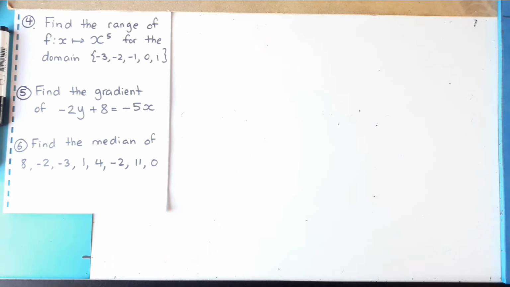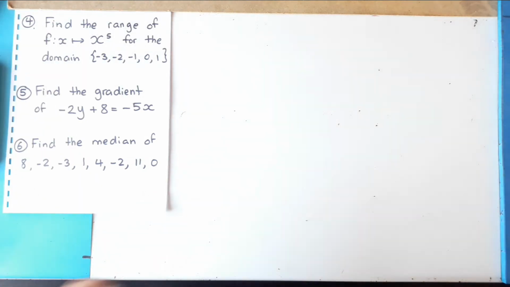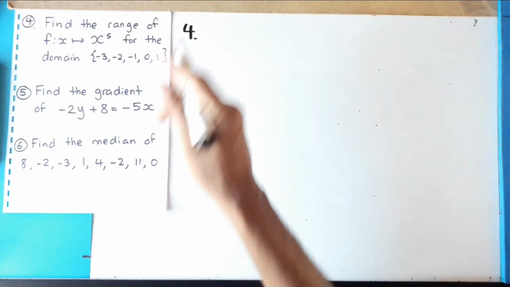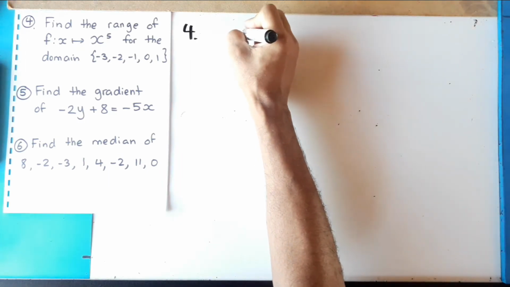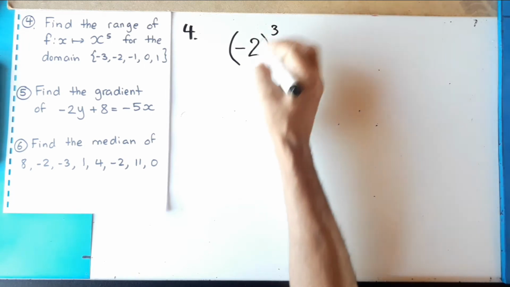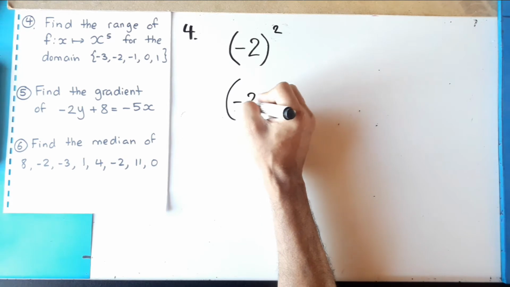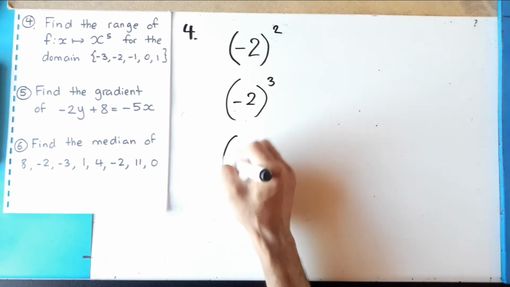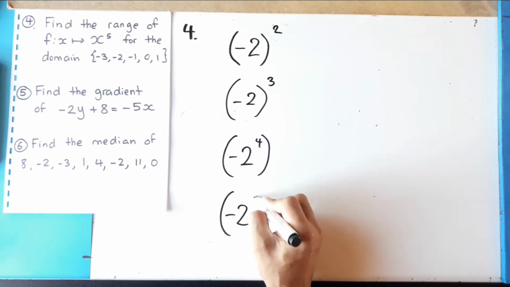Question 4 is actually a functions question. Now, I just want to do some brief theory behind this one. First of all, let's deal with powers. If I have minus 2 to the power 3, squared, and then minus 2 to the power 3, and minus 2 to the power 4, and then minus 2 to the power 5.